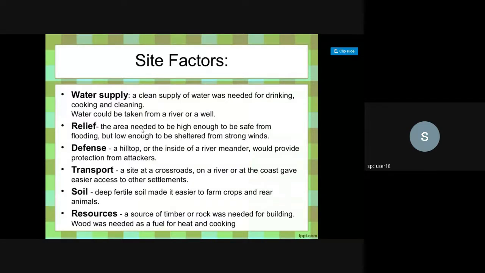Defense: a hilltop or inside of a river meander would provide protection from attackers. Transport should be fast. Crossroads would give easy access to other settlements.